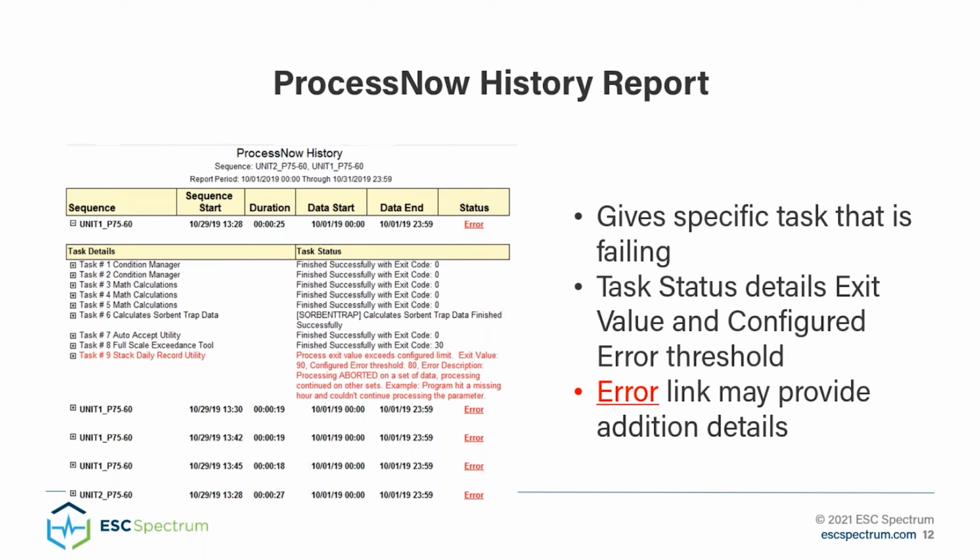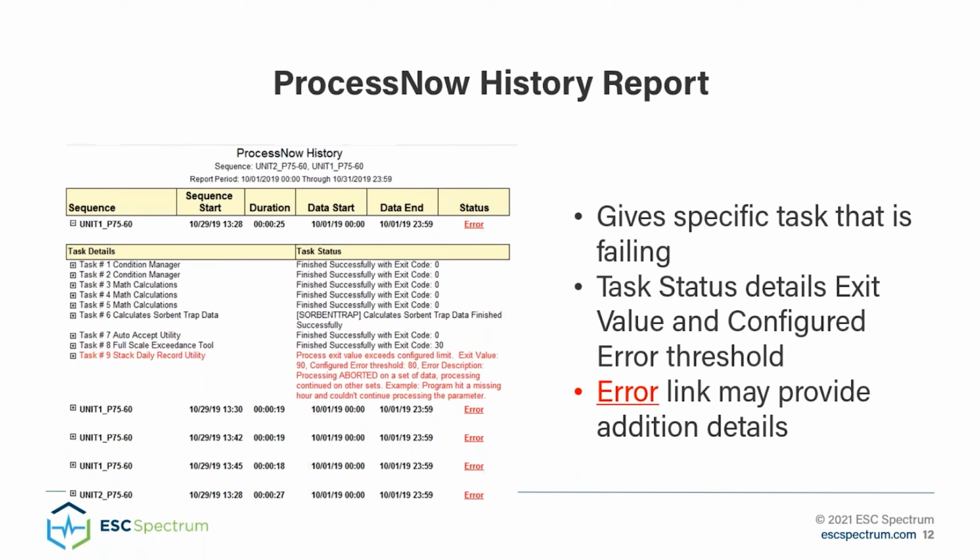So here we read: the process exit value exceeds the configured limit, and the exit value is 90 with the configured threshold being 80. So this is why the task aborted, but it'll also give additional information. As you can see in the example, it says the program hit a missing hour and couldn't continue processing the parameter. So there's your big hint.